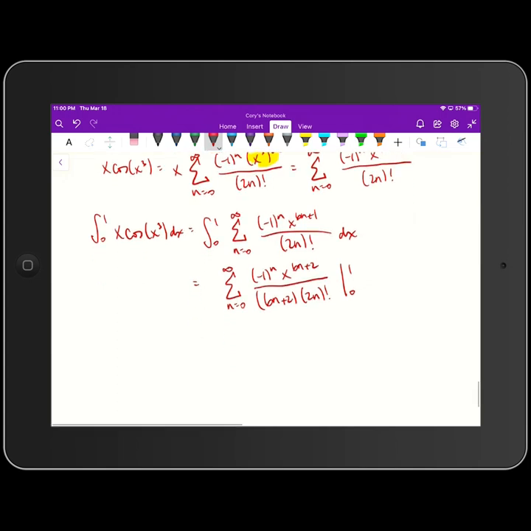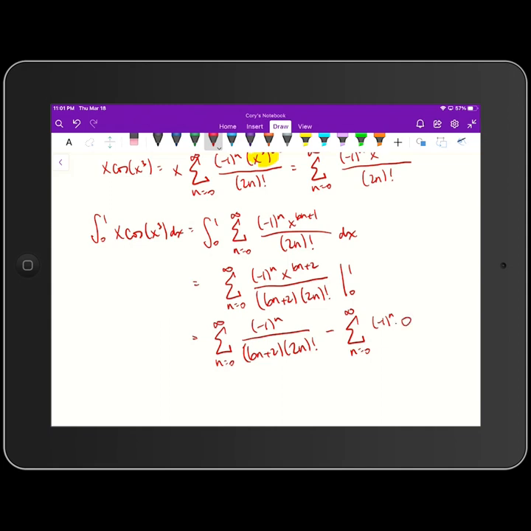So when we plug 1 in the place of x, we're going to get the sum from 0 to infinity of -1 raised to the n power over 6n plus 2 times 2n quantity factorial, minus, when we plug 0 in the place of x, we're going to get negative 1 raised to the n power times 0 raised to the 6n plus 2 power.